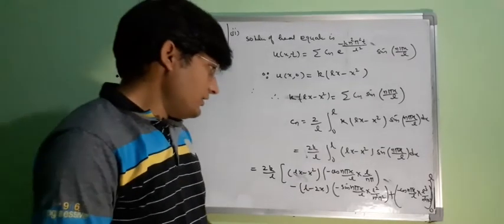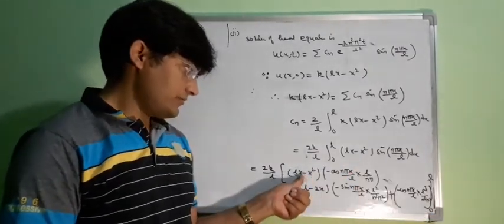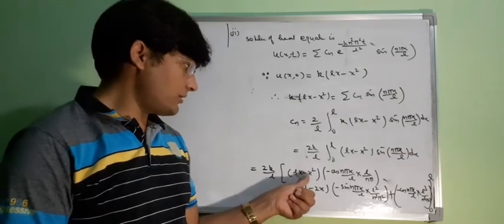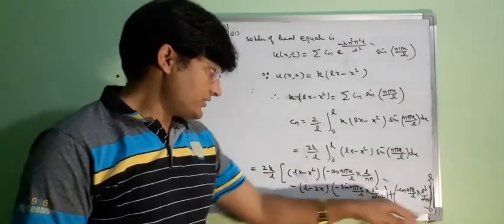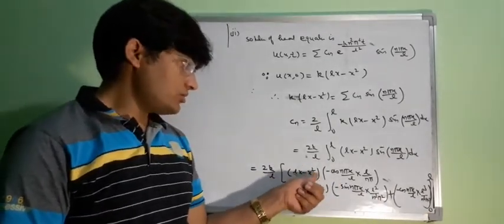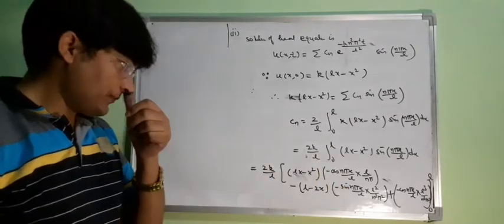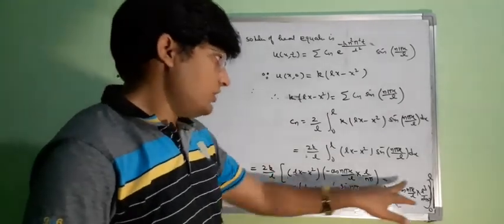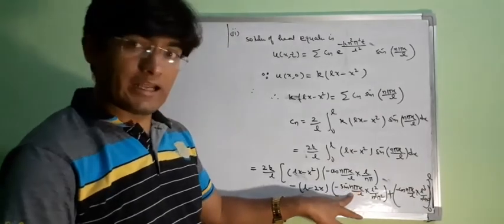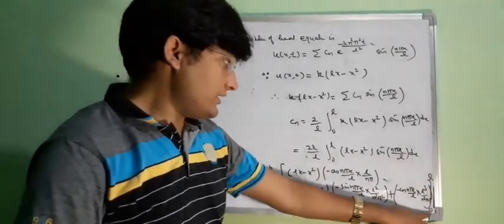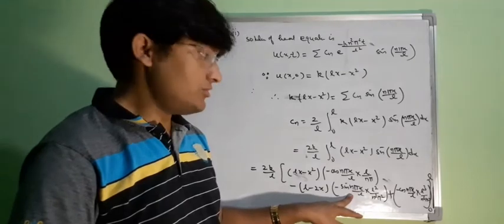Now here you can see that if your x is L, then the first term will be 0 because we will have L square minus L square. Again if x is 0, then this term is 0. So the first term is 0. In the second term, if your x is L, then we will have sine n pi, that is 0. Again if x is 0, we will have sine 0, which is 0.